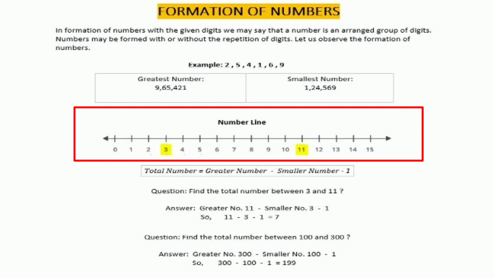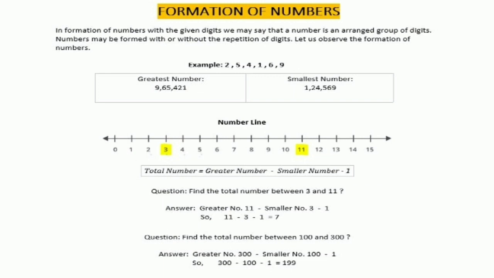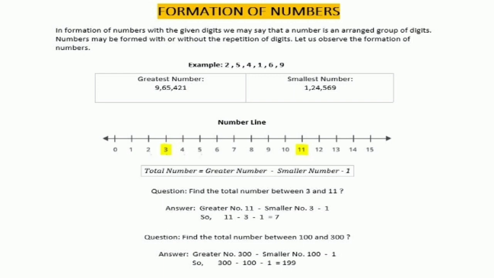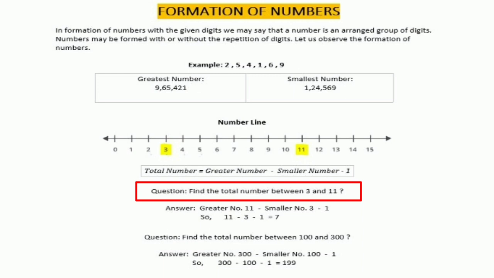If the number is large, then we cannot write it on a line. So we have to follow a rule: the total numbers equal greater number minus smaller number minus 1. By using this rule, we can find the total numbers present between two numbers. In this question, the greater number is 11, the smaller number is 3 and minus 1, then the answer is 7.